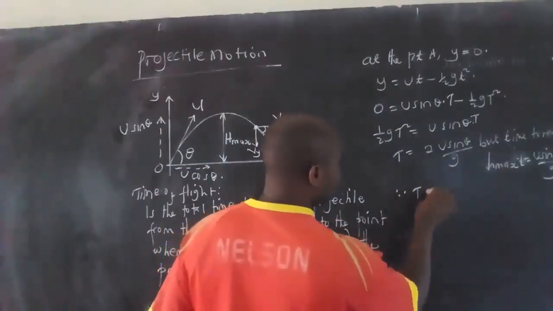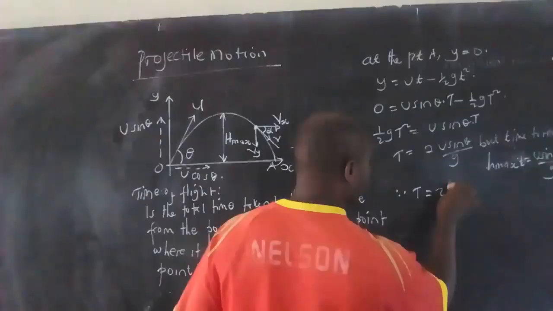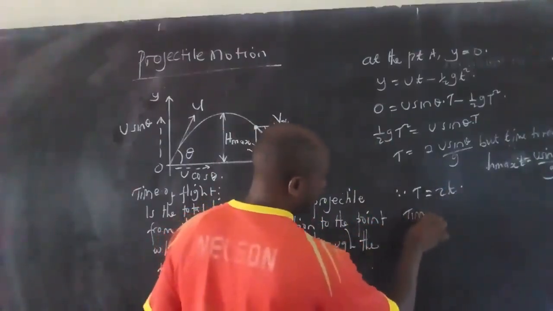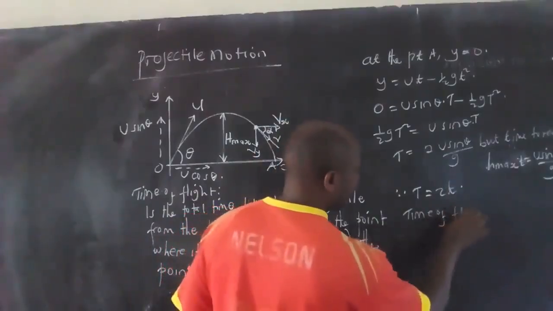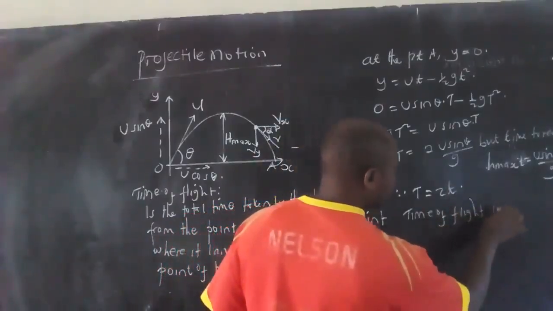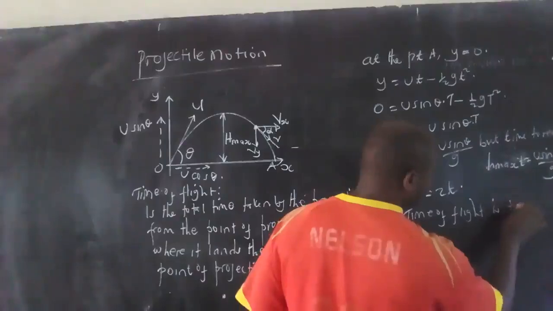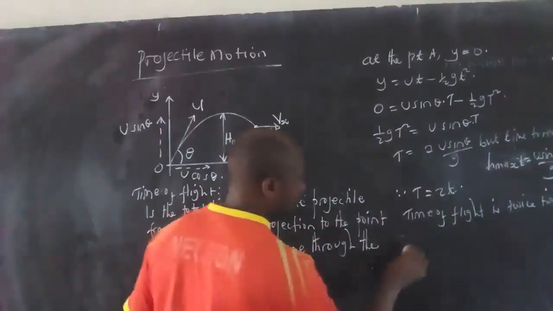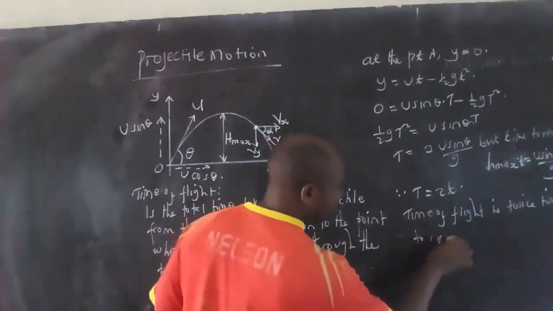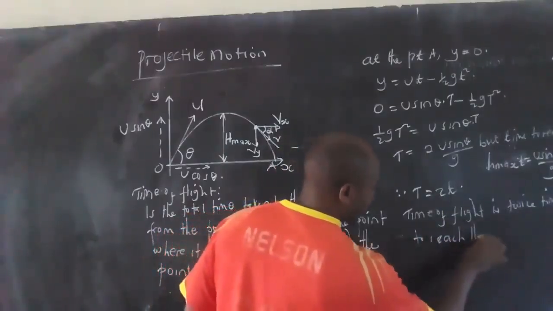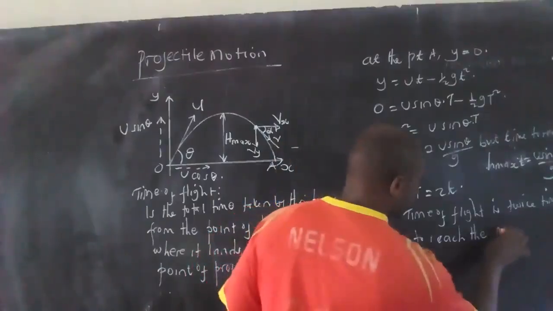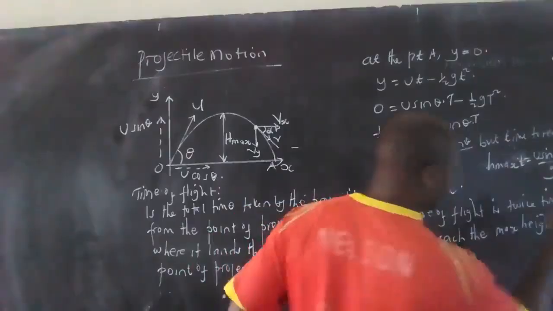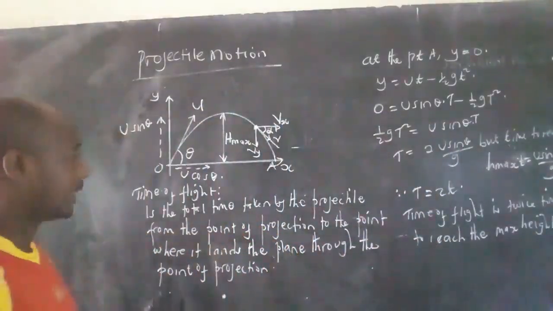Therefore, T is equal to 2t, implying that time of flight is twice the time to reach the maximum height.